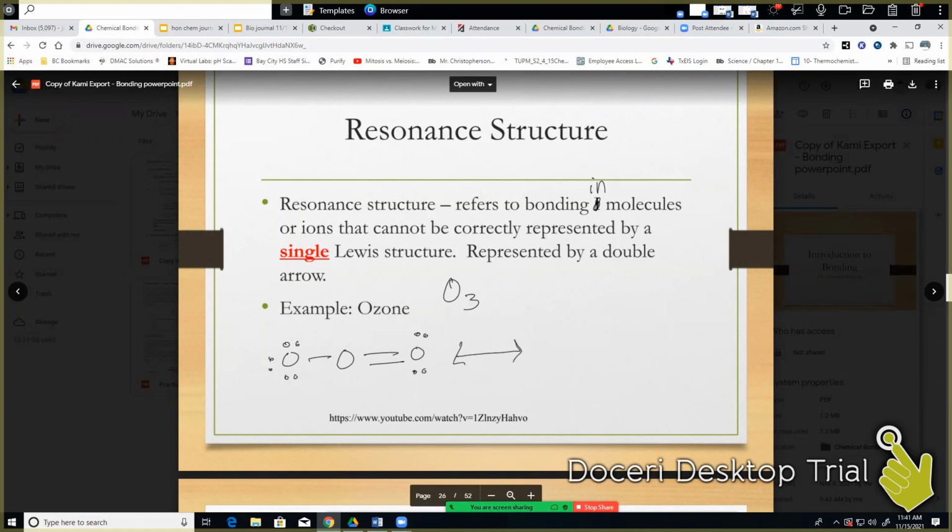So that would be its resonance structure. It's just kind of like you just flipped it. Notice I have that double arrow to show that it's a resonance structure. And in reality, those electrons tend to actually move between those oxygens. You can have 2 resonance structures, you can have 3 resonance structures.